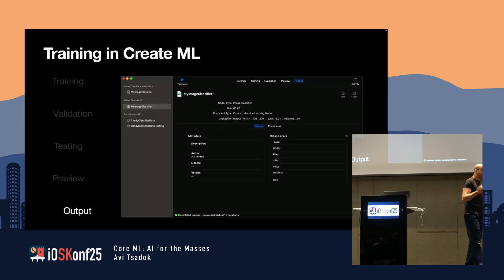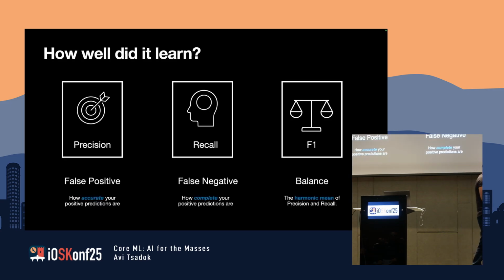So, how well did it learn? You get some output results from the model, and the most important metrics are precision and recall. Precision is how accurate your positive predictions are. For example, if I take a picture of a Twix, does it really classify as a Twix or something else?